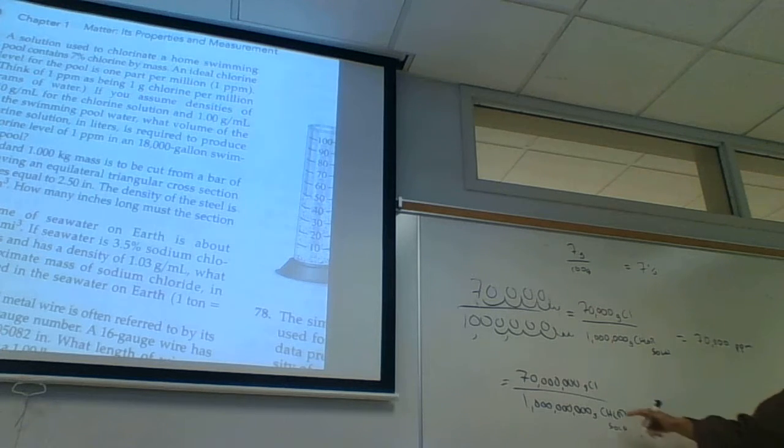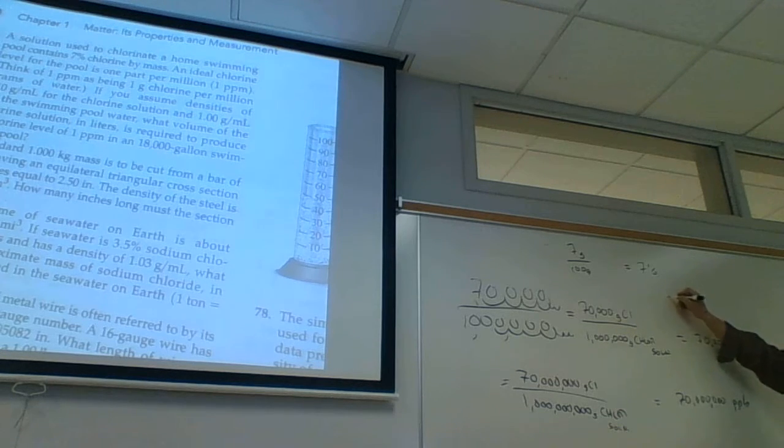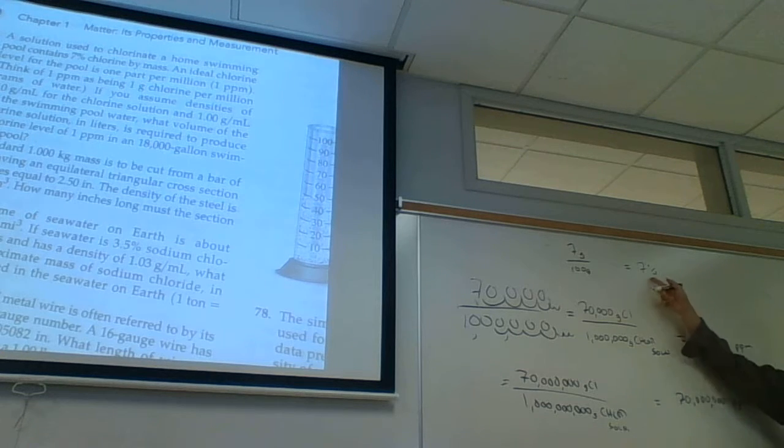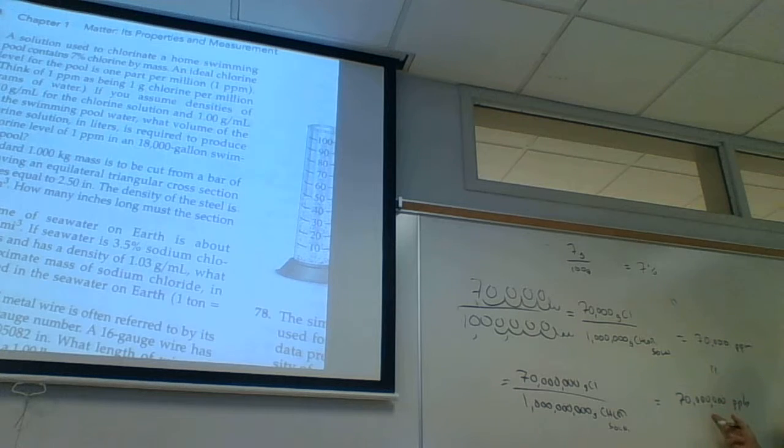If we have 70 million per billion, this would be 70 million ppb. And so all these are the same. 7% is exactly the same thing as 70,000 parts per million, which is exactly the same thing as 70 million parts per billion. And so the relationship is, if you know how to deal with percentages, then you already know how to deal with parts per million and parts per billion.